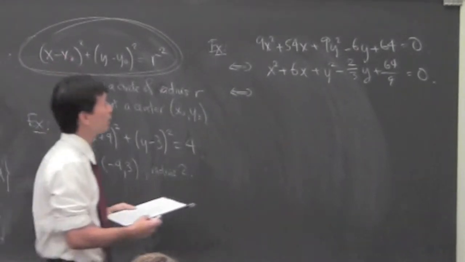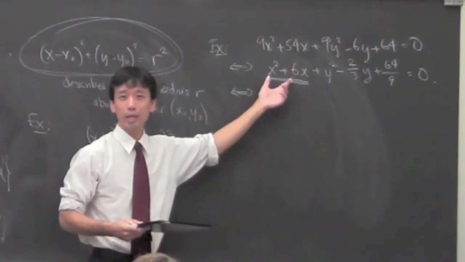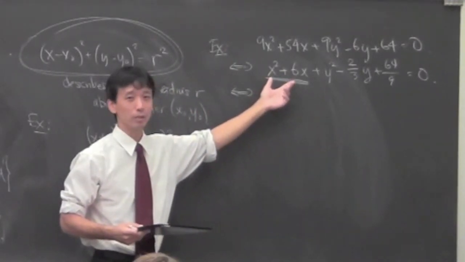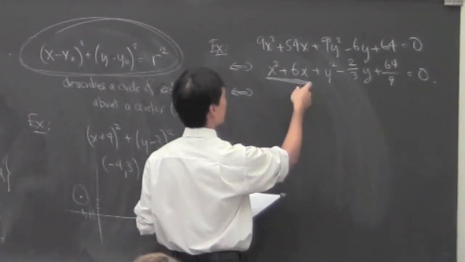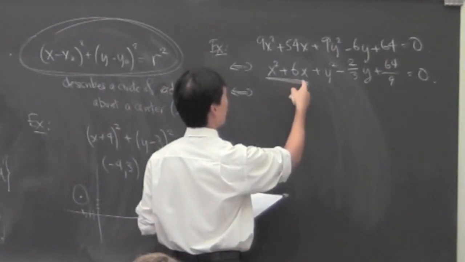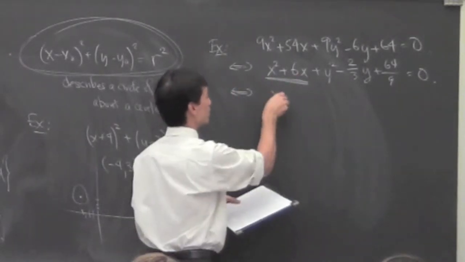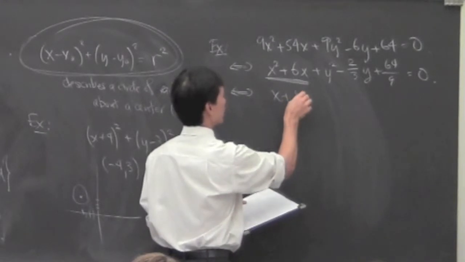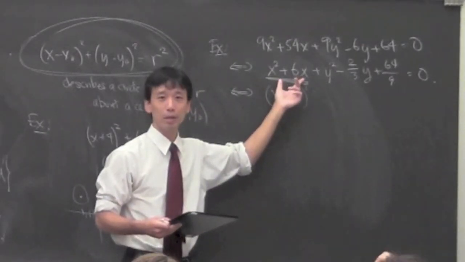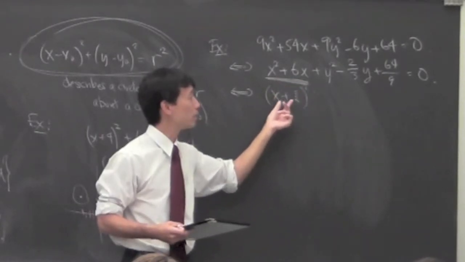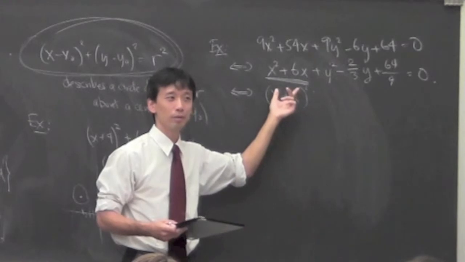I want to make this thing look like the square of something. So I know that I've got to add on 9 to this. How would I make this x plus something squared? x^2 + 6x should be like (x + 3)^2 minus 9, right?